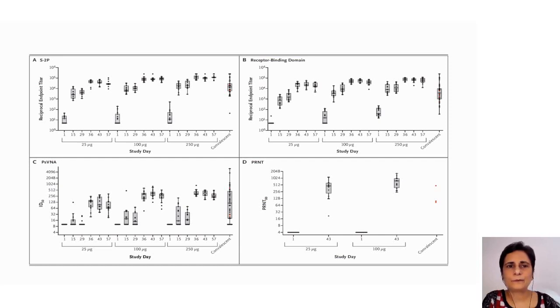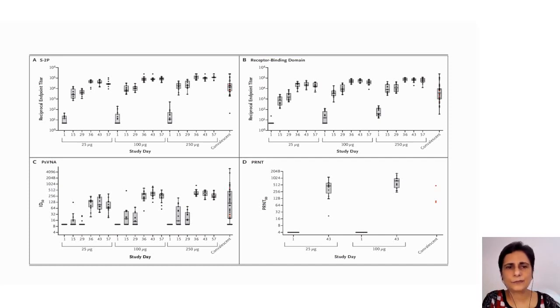And if we look at figure A here, this is the spike protein, and you can see that there are good antibody responses made by all 3 doses that were tried. In figure B is receptor binding domain, a portion of the spike, and again, very good antibody responses are being made, somewhat above those seen with the convalescent serum.